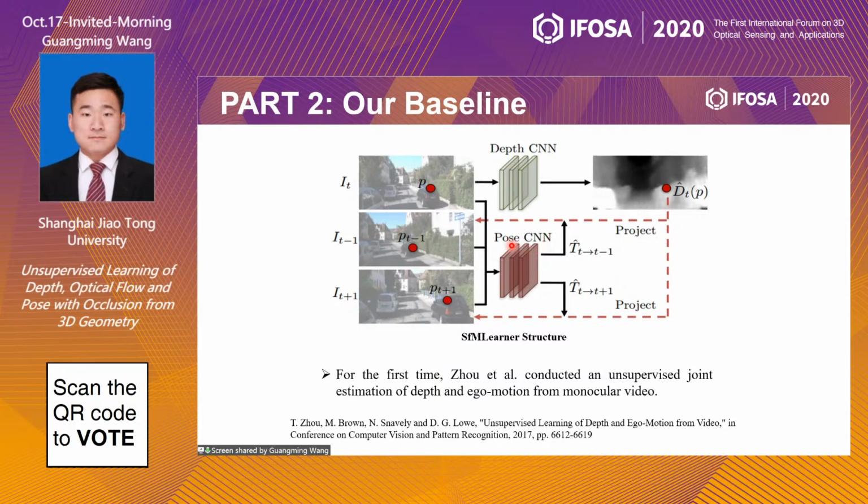Then the system uses the matching between the pixels in the I_t image and the I_t-1 image. Using this matching relationship, the system can train the depth network and the pose network.